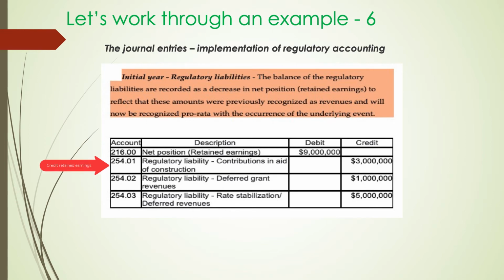The sum of these three items, which is $9 million, is recorded as a debit to account 216, net position / retained earnings, to reflect that we have recognized this $9 million of revenues in prior years, and now we're going to in turn defer recognition until future years of the same $9 million in revenues.